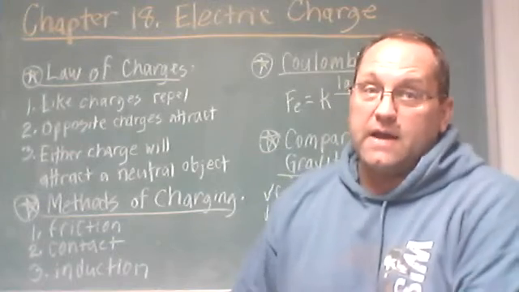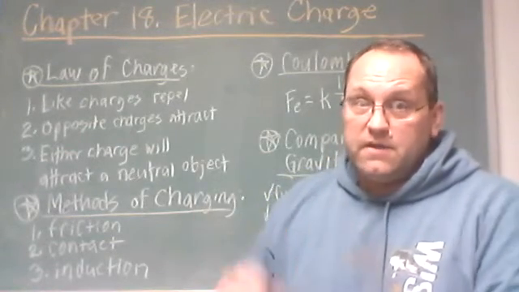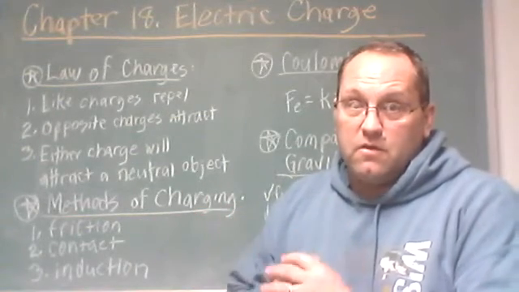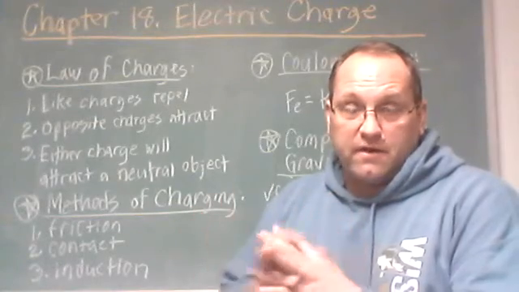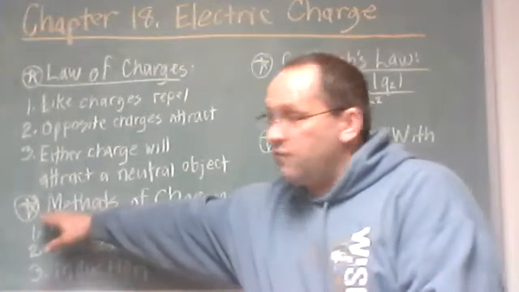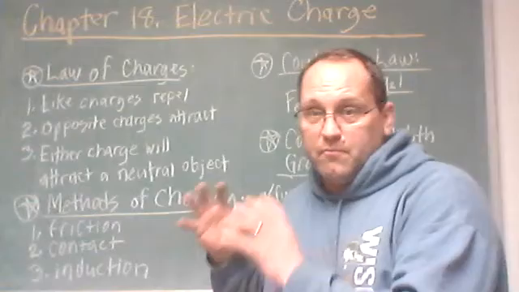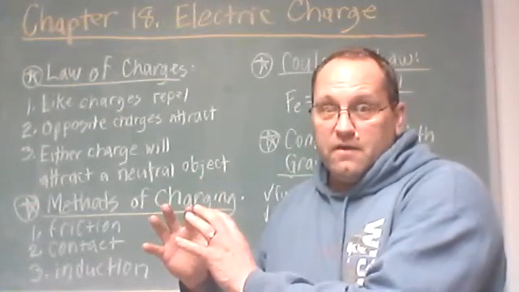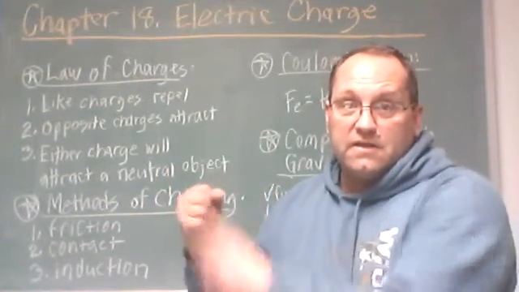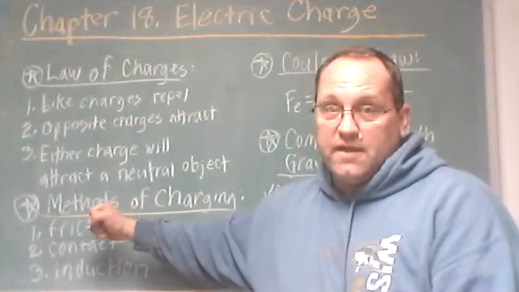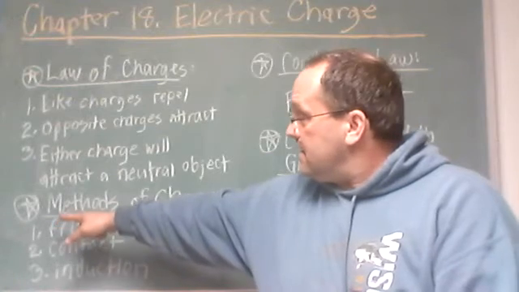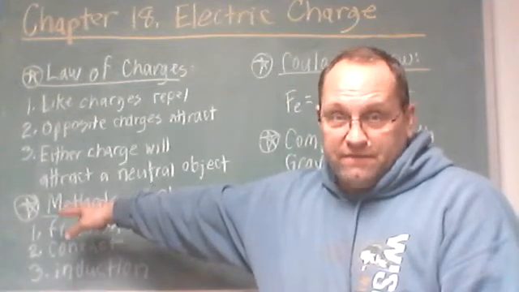So what's going on? Well, because matter is made of these charged particles at a small level, and especially the electrons that are free to move, when we bring a charged object close, say this star down here is my object, and my hand is a mass of negatively charged object with an excess of electrons on it, and I'm going to bring it close to that positive charge, which has a deficiency.